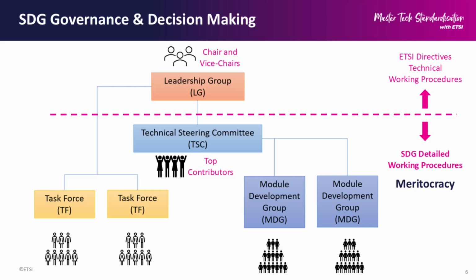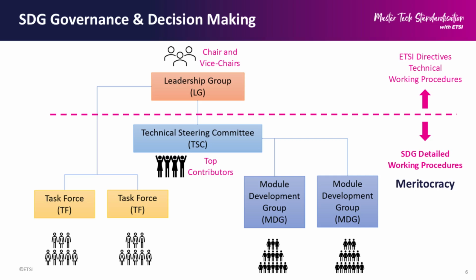Participation in the TSC is open to representatives of those organisations who contribute most to the SDG. The TSC membership is renewed frequently, every 1 or 2 releases, depending upon the SDG. The leadership group and the TSC chair are elected for a period of 2 years according to the ETSI technical working procedures.